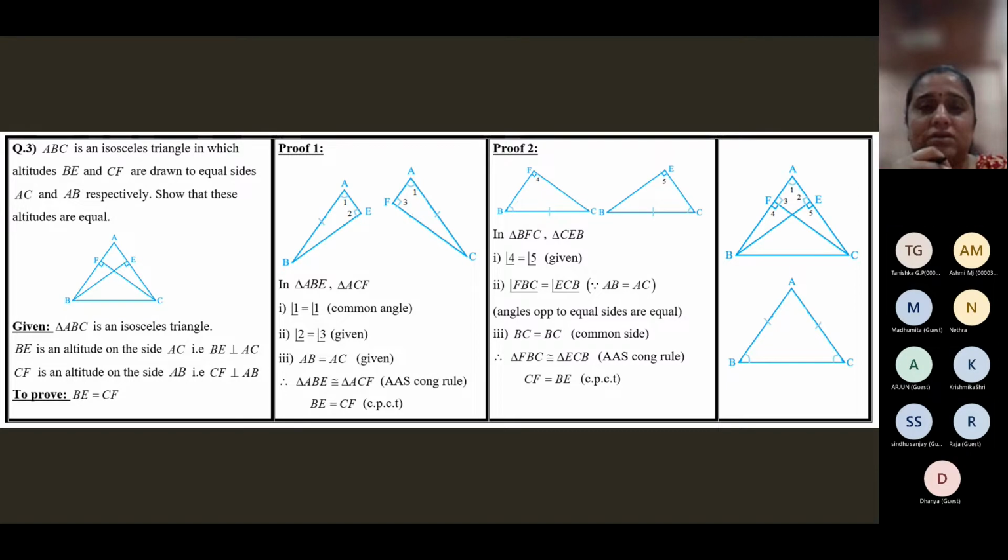We have to prove that in an isosceles triangle, the altitudes drawn on the equal sides are also equal. Okay, so is AB equal to AC? Yes, ma'am. Is BE equal to CF? Is it given?